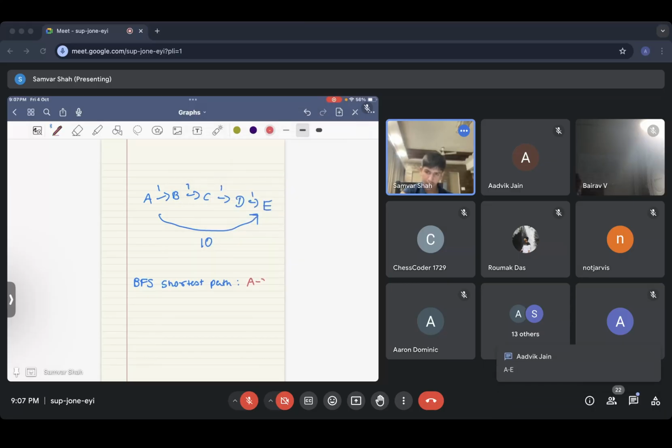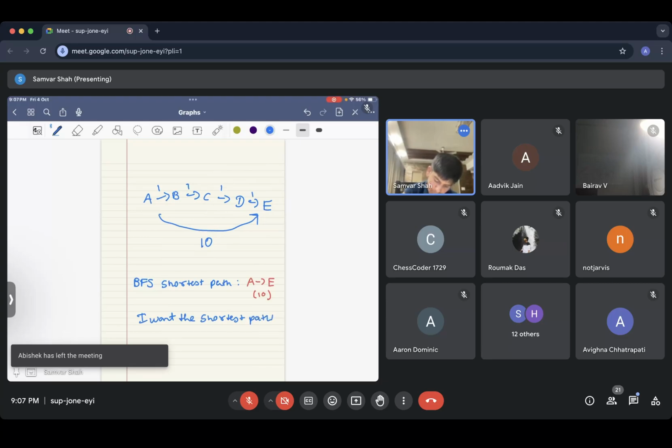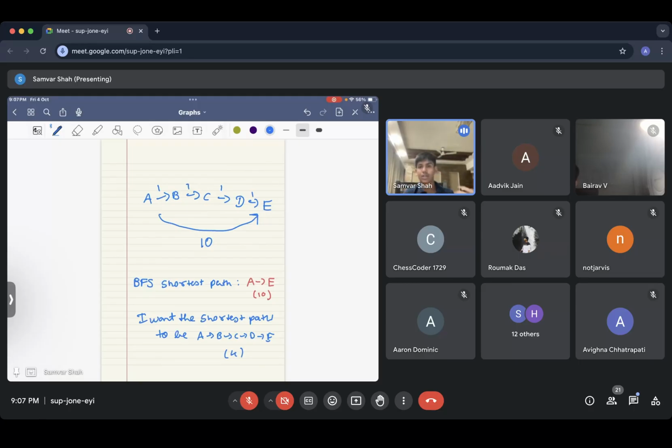A to E, which costs me 10. But I want the shortest path to be A to B to C to D to E, which just costs me 4. Does this make sense? What I want is not something BFS can give me.